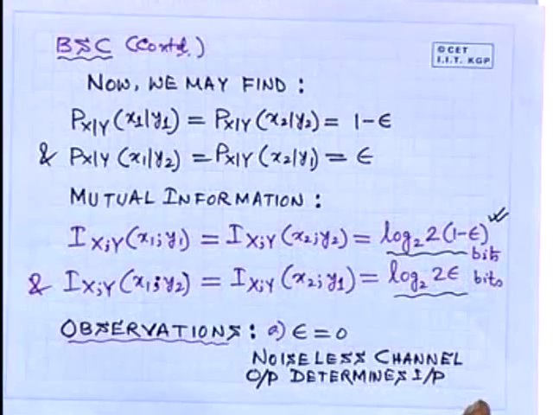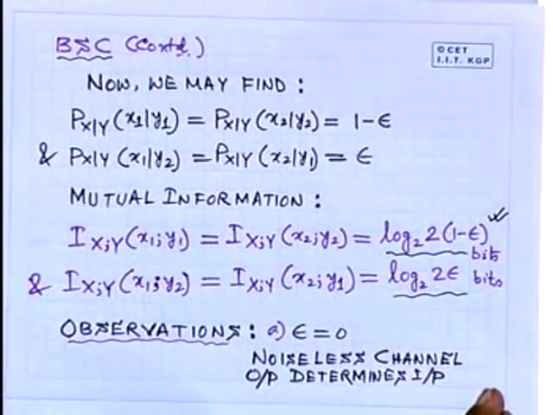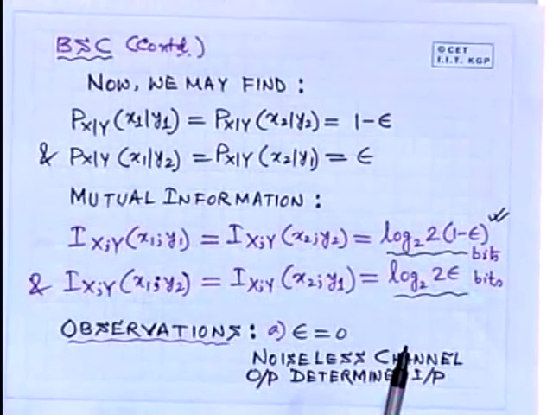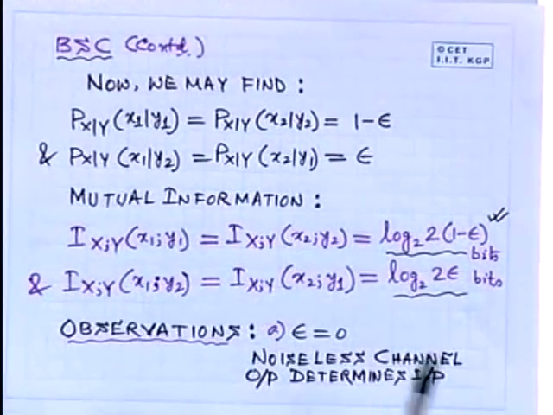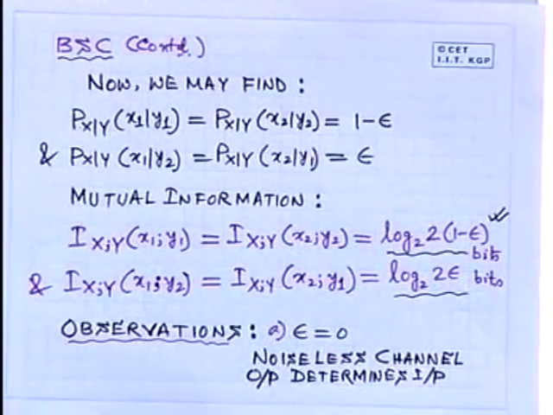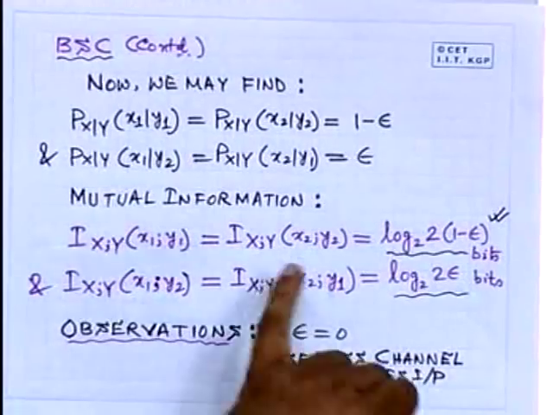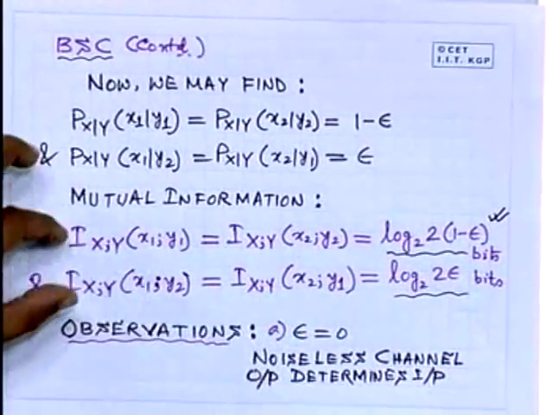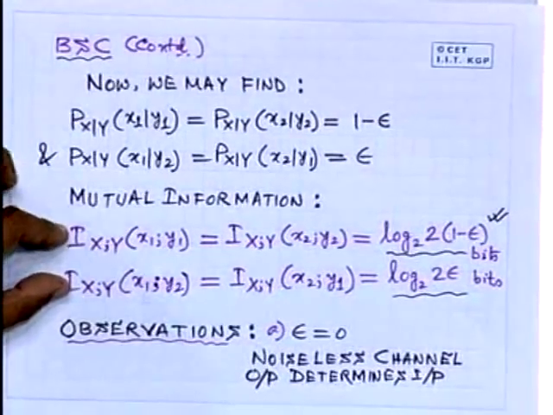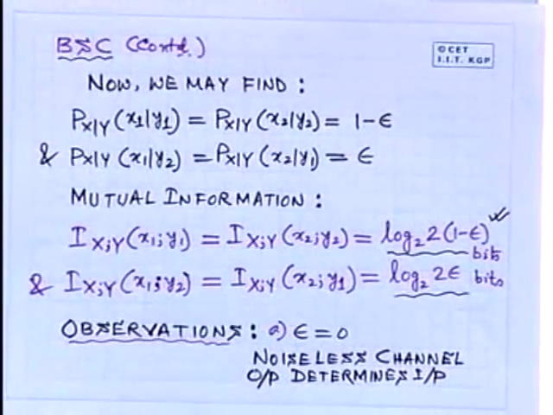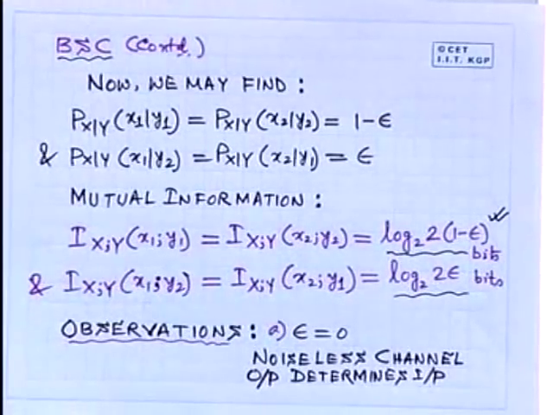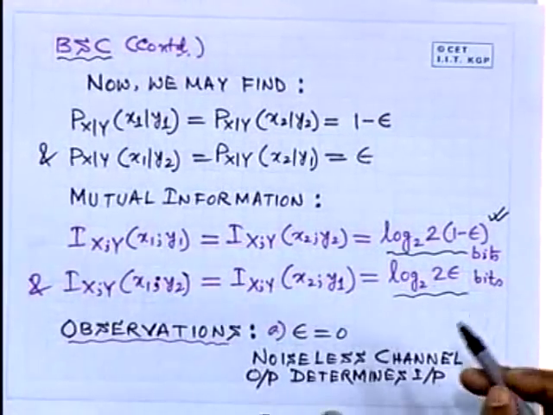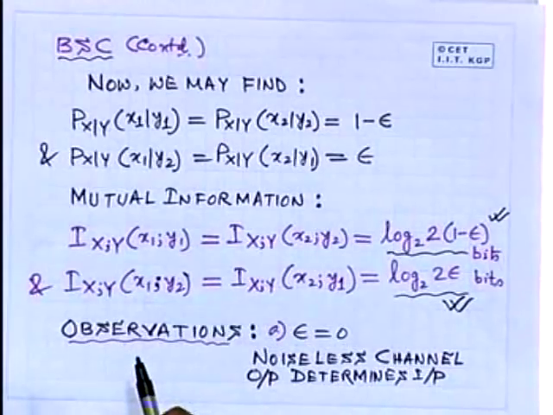That means I have received y2 and I am trying to guess the probability that x1 was generated by the source, or equivalently, that I have received y1 and I am trying to find the probability that x2 was generated at the source and launched in the channel. So these are the two different kinds of information one may be interested in for this binary symmetric channel. Now, a little interpretation of these two expressions before we stop.